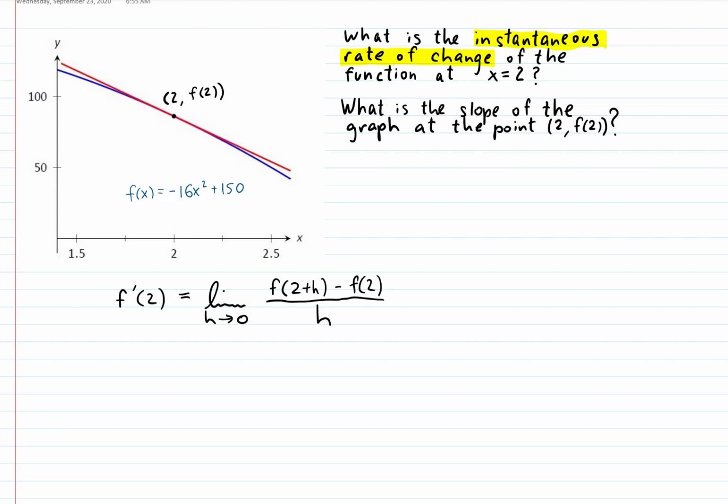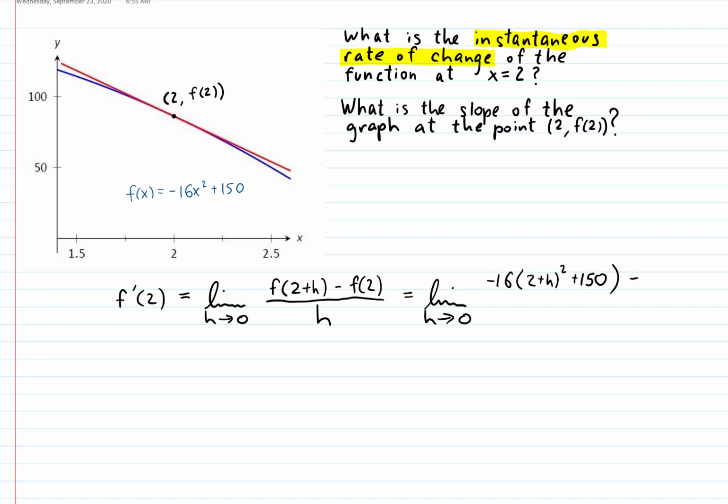All right, so let's do that limit. f of 2 plus h is what? It's negative 16 times 2 plus h squared plus 150. Okay, and then we subtract f of 2.